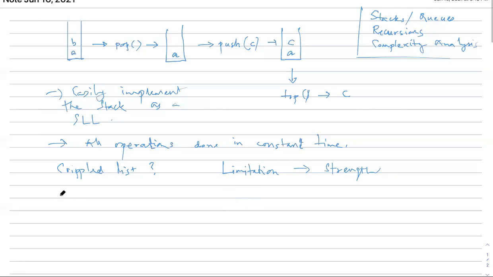So what kind of application can gain out of this? You can think of a simple problem. Let's take an example here: matching parentheses. So matching parentheses would look like this.